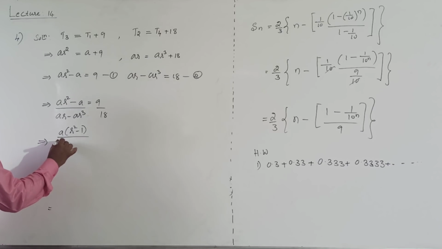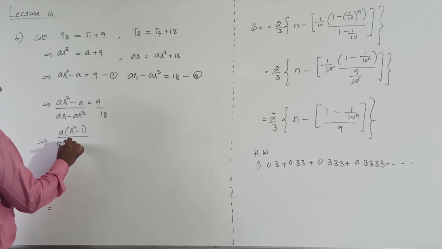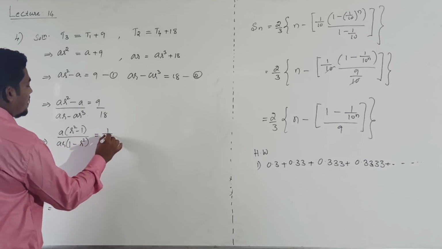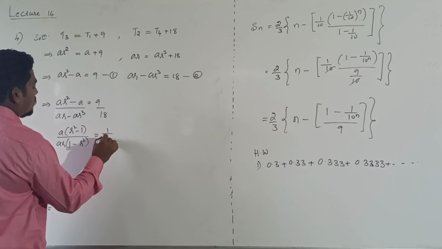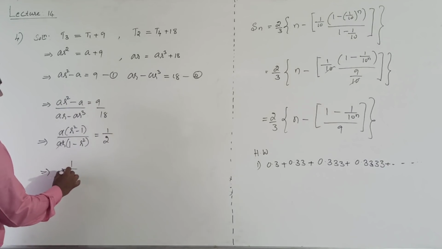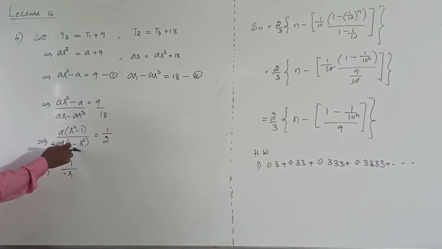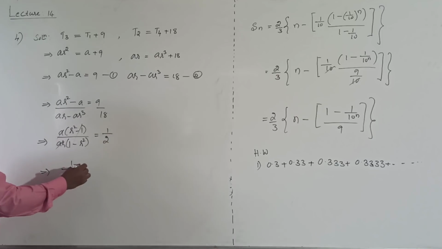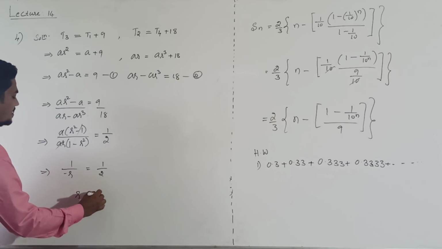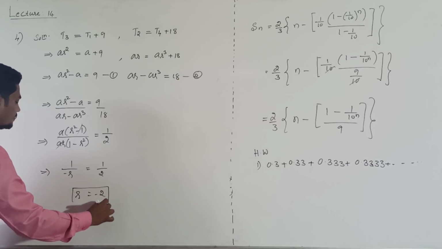Taking a r common in the denominator, it will be 1 minus r square, and that is equal to 1 divided by 2. Then a gets cancelled, and remains 1 divided by minus r, because it is 1 minus r square, equal to 1 by 2. Then we get r is equal to minus 2.